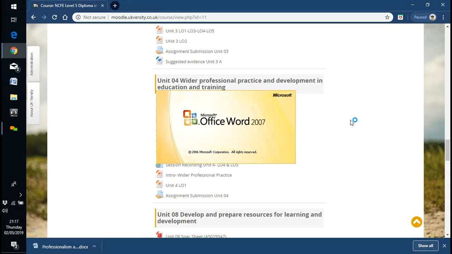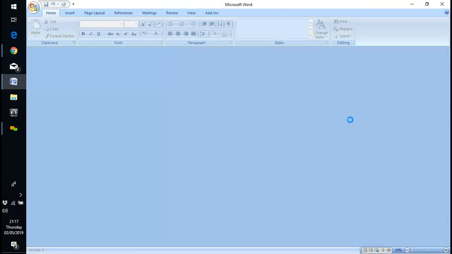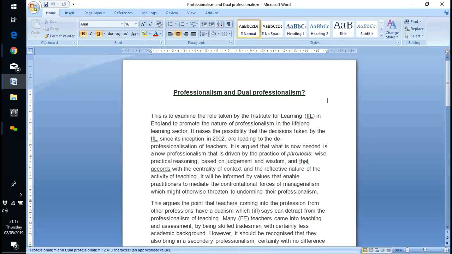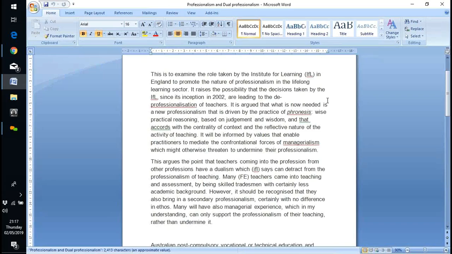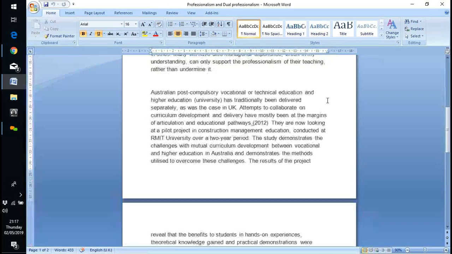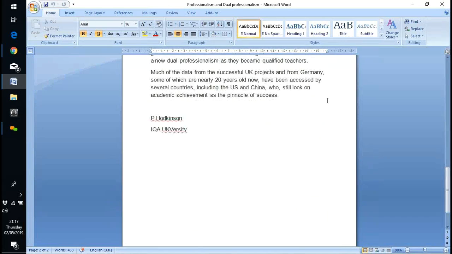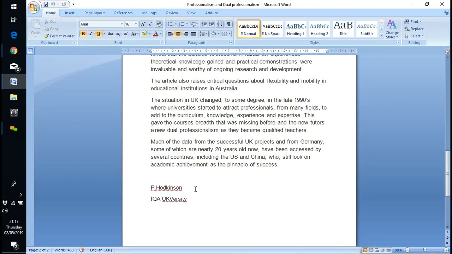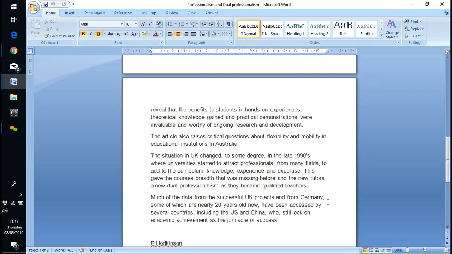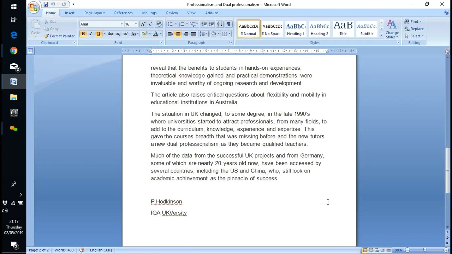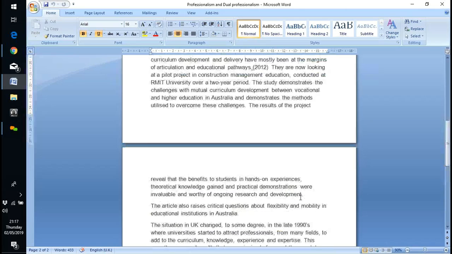It's just a handout, really, detailing some of the professionalism and dual professionalism. Well, that's good because it goes into a lot more detail. Oh yeah, it is one of mine. It's got my name on the bottom. If it's got my name on the bottom, it's me that's written it. If it hasn't, then it's one I've plucked from elsewhere because it's relevant.